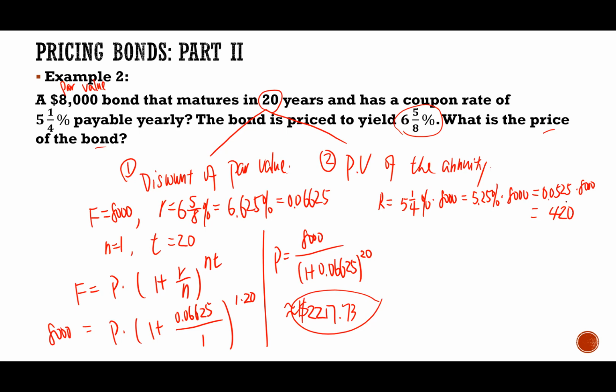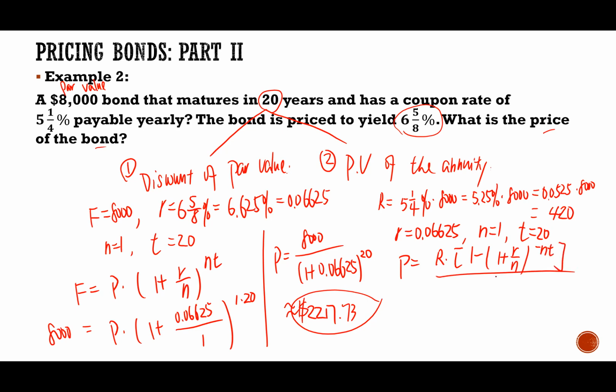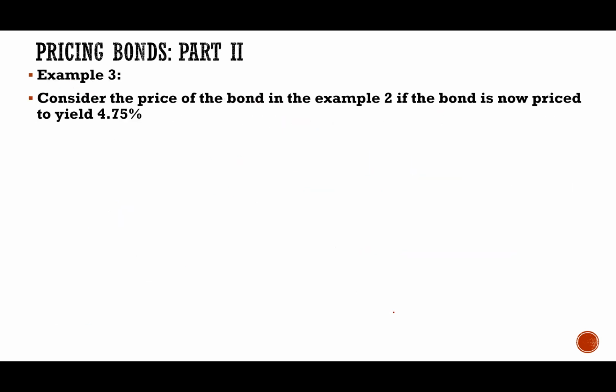The rate, again, we're using the market rate, is 0.06625, and n equals 1, t equals 20. Now applying the present value of the annuity formula: present value equals regular payment times (1 minus (1 plus r over n) to the negative nt) over r over n. Since n is 1, we can omit it, but let's put in all the numbers first.